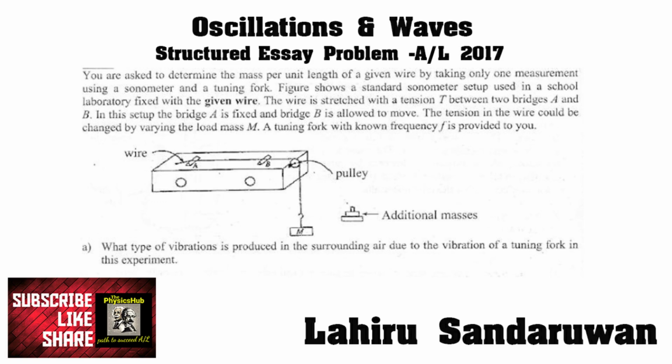Part A. What type of vibration is produced in the surrounding air due to the vibration of the tuning fork in this experiment? We know that when a tuning fork vibrates, there is a wave in the air medium. It is a sound wave.